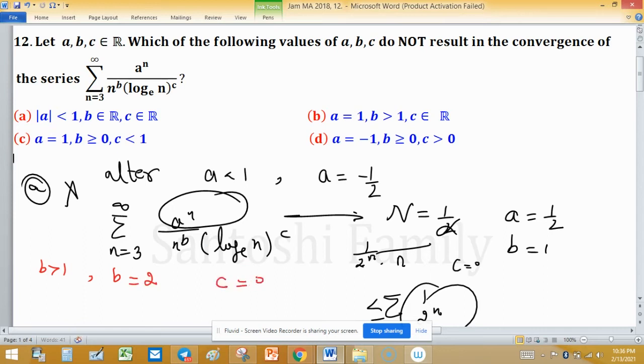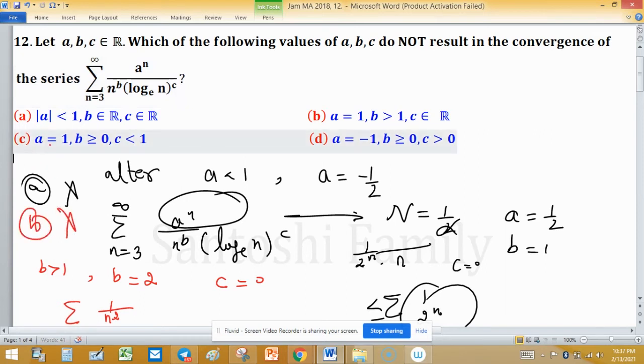So C is 0, then summation 1 upon n square, and this is convergent. By comparison test, the given series will be convergent. So option B is discarded, because we want values of A, B, C such that they do not lead this series to a convergent series. Now A and B are not our right choices.